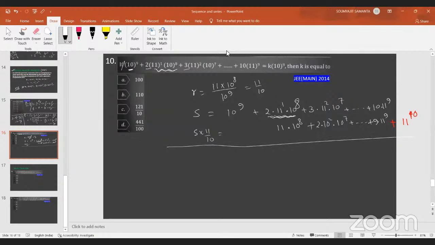Now take the difference of these two sequences.